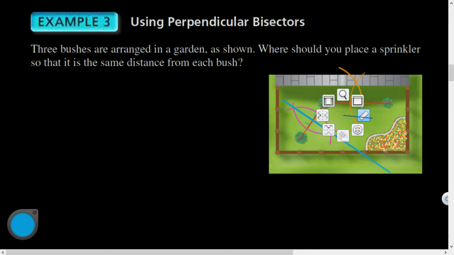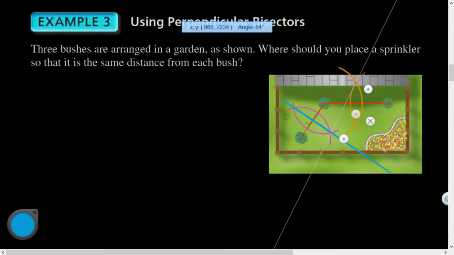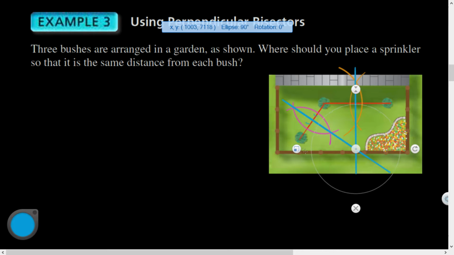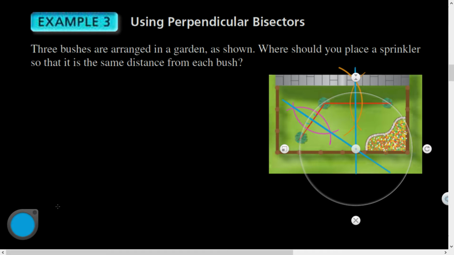Now, if I construct 2 diameters of the same circle, their intersection will be what? The center of that circle. All right, so here's 2 diameters. Let's see if my circle tool, and if I scale this up, theoretically, all 3 should land on the same point.